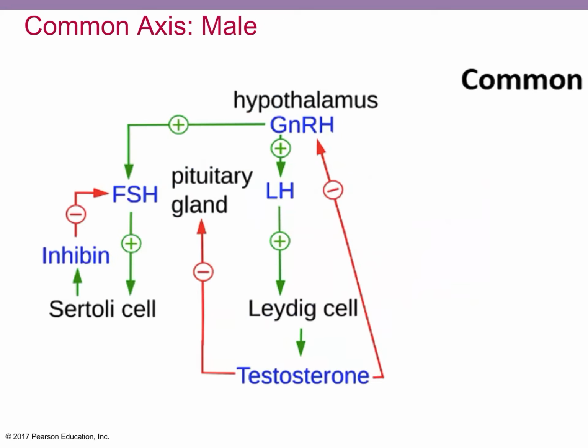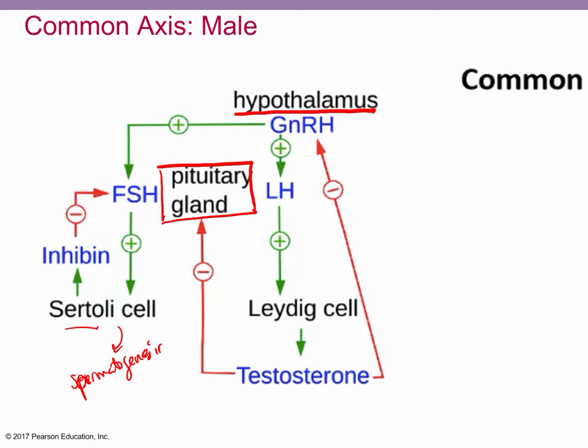For males, coming back to males, the hypothalamus, same thing. It's going to secrete gonadotropin releasing hormone. We have two hormones, so gonadotropin releasing hormone is going to cause the pituitary gland to make FSH and LH. FSH is going to stimulate the Sertoli cells, and the Sertoli cells are going to help with spermatogenesis, right?